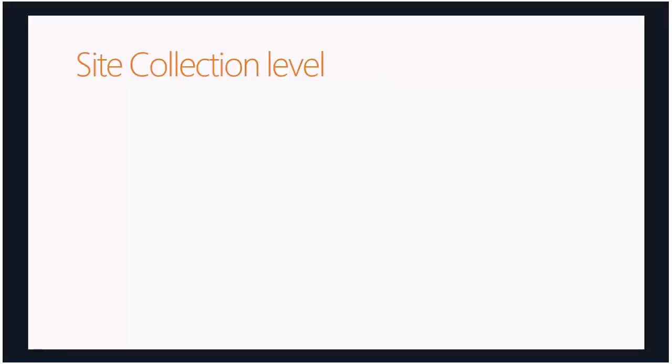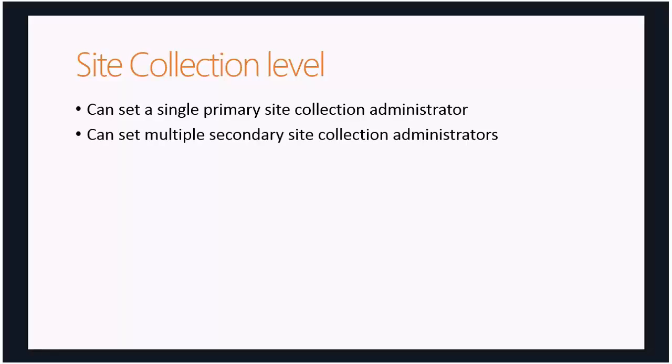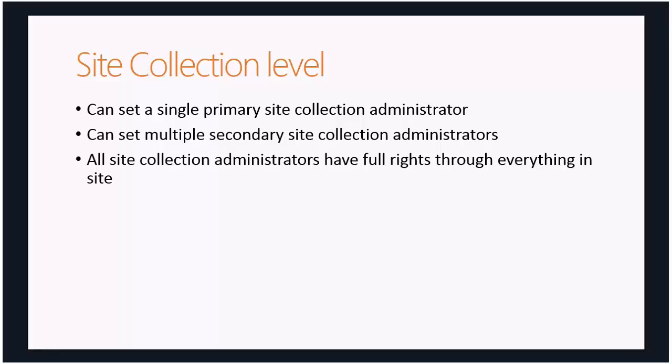Okay, so at the site collection level, you can set a single primary site collection administrator, as we talked about. You can have as many secondary site collection administrators. Now remember that a primary and secondary site administrator have the same rights. They have full, effectively global rights through SharePoint all the way through the structure, and those rights are not surfaced or viewable by any other member within the SharePoint site collection.